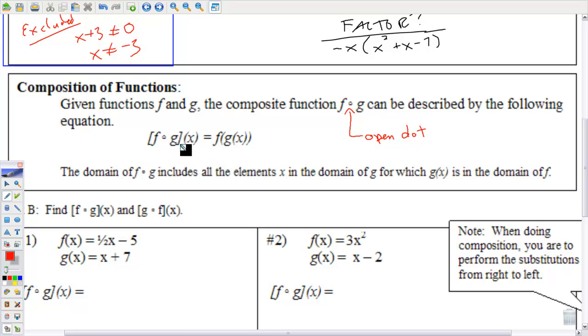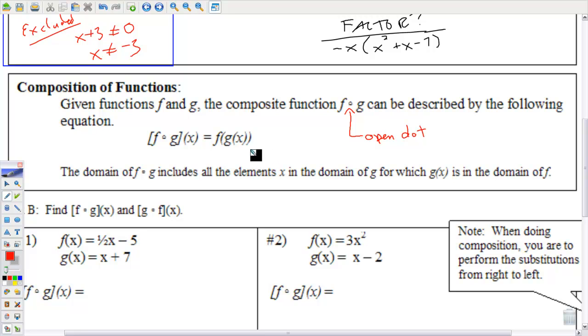It can be described by the following equation: f of g of x equals f of g of x. It means that you take g, that function, and put it into each x that's in f.